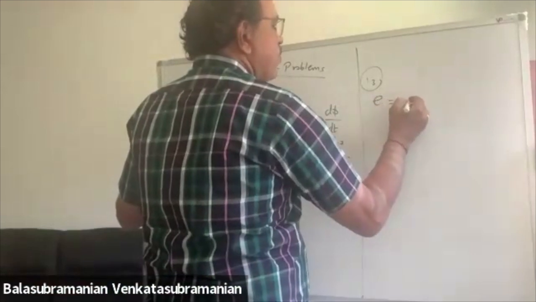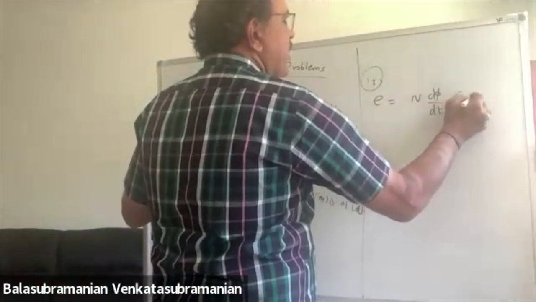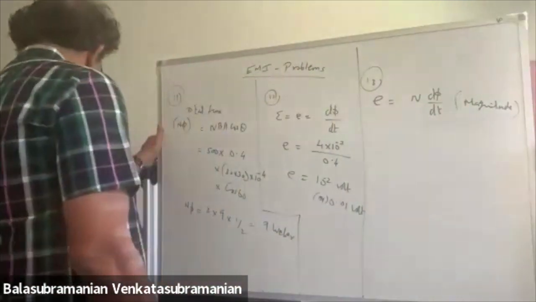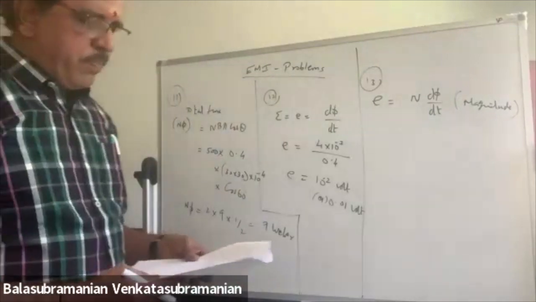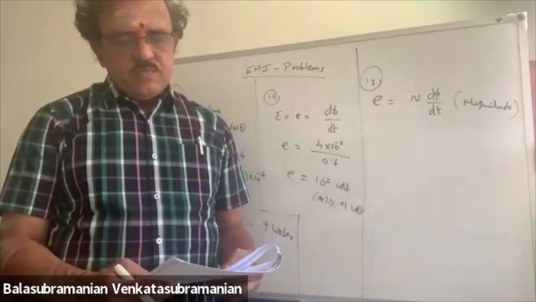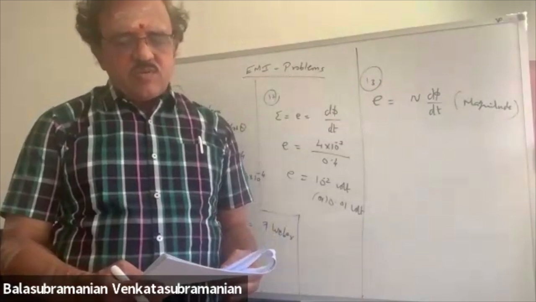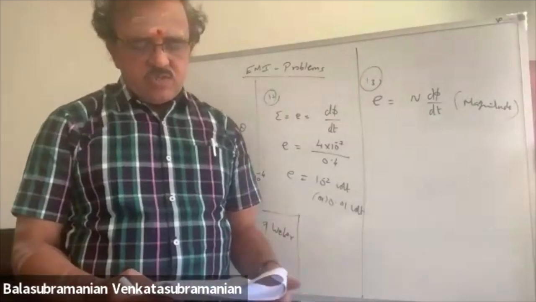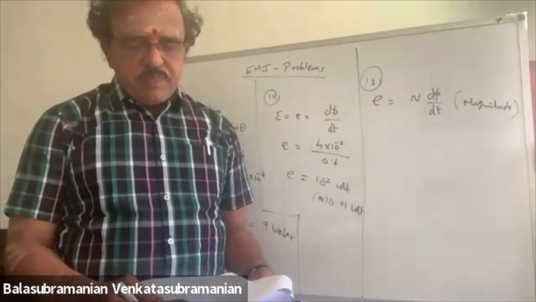E is equal to minus N into d phi by dt. Magnitude alone we are taking. See the question. The coil is placed perpendicular to the magnetic field. When the magnetic field is changed from 8,000 to 2,000 in 6 seconds, some EMF is induced.